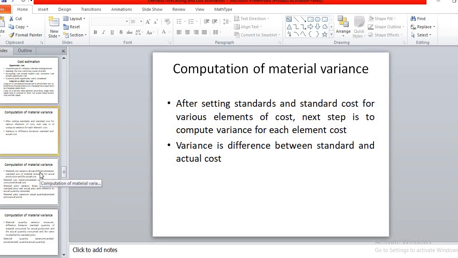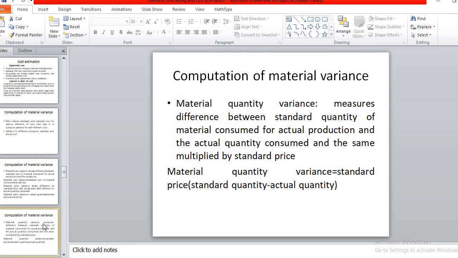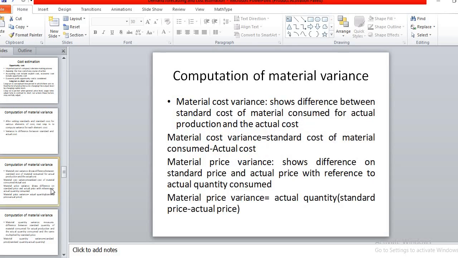There are some variances related to the material cost. Material cost variance is the difference between the standard cost of material consumed for the actual production and the actual cost. We can write it in an equation: standard cost of material minus actual cost.